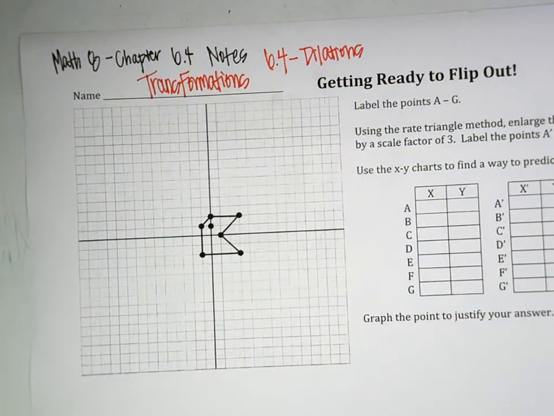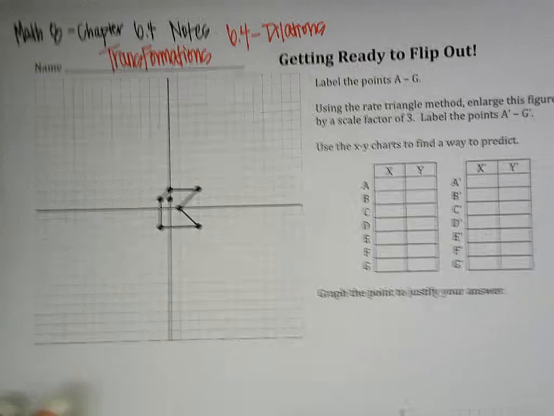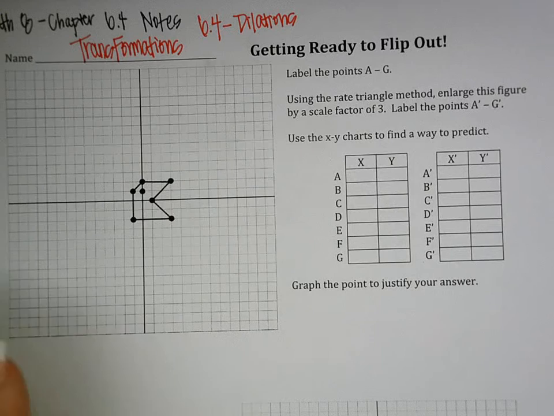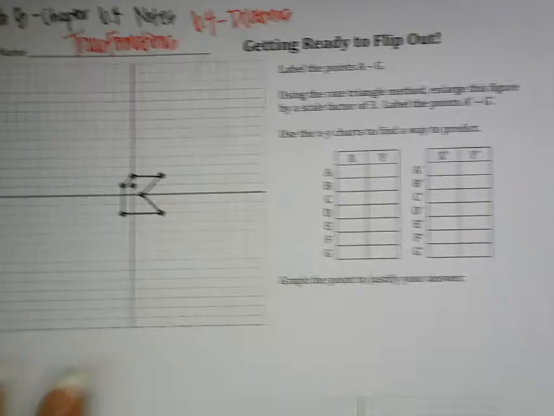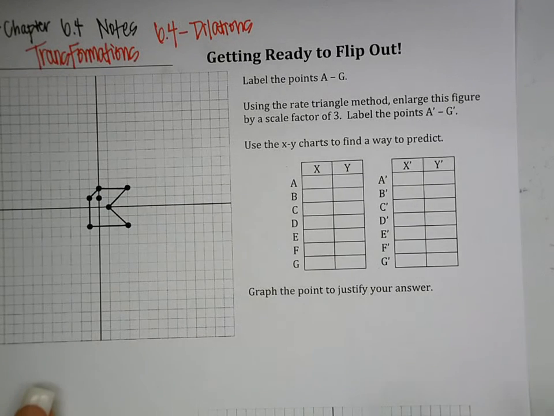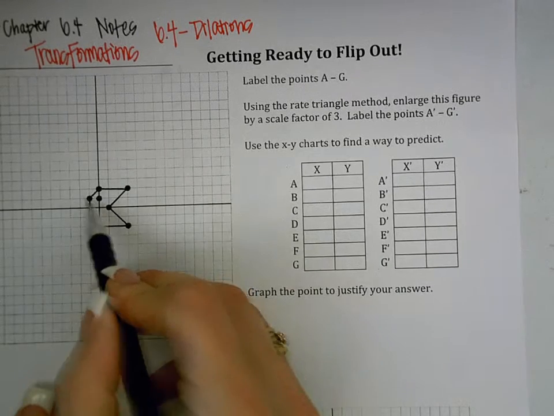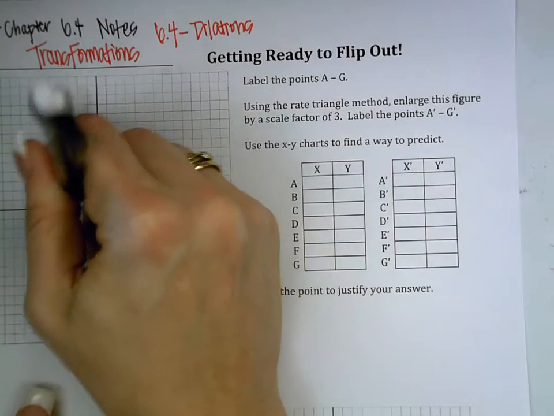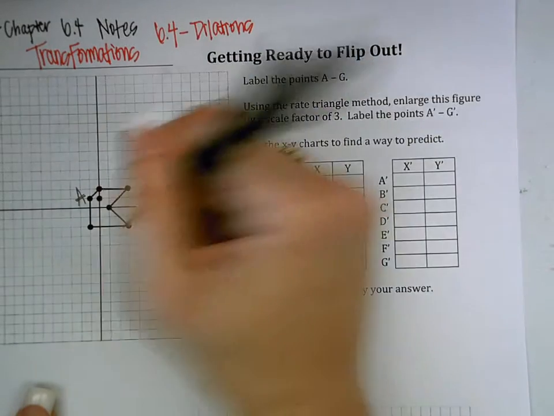The way we do that, and we only have 2 examples, and this is hopefully going to be fairly easy for you. The first part is we're going to label these points A through G. I'm going to start at this one up here. This is going to be A, and I'm going to go in a clockwise rotation.